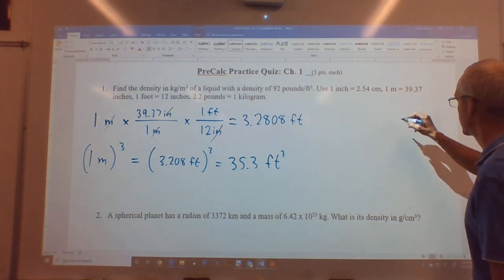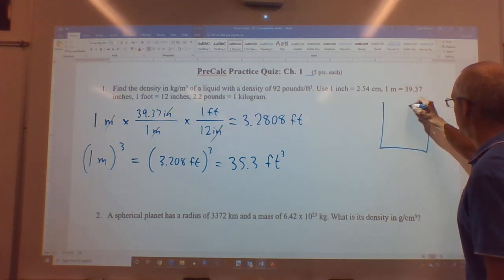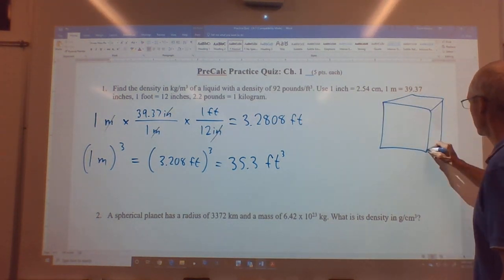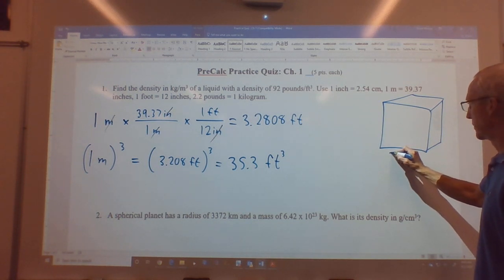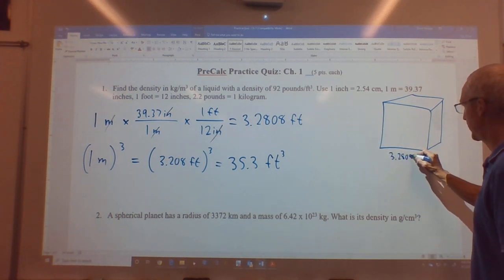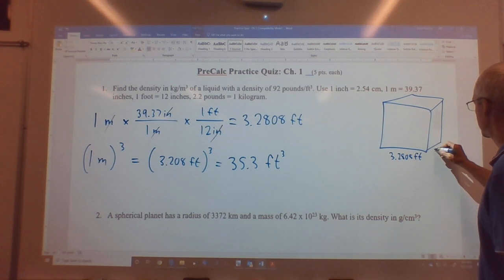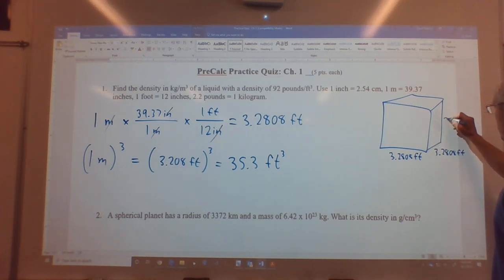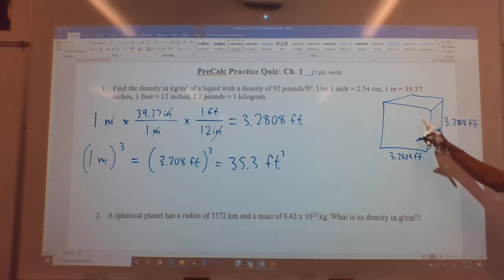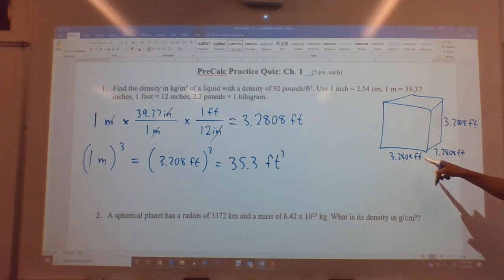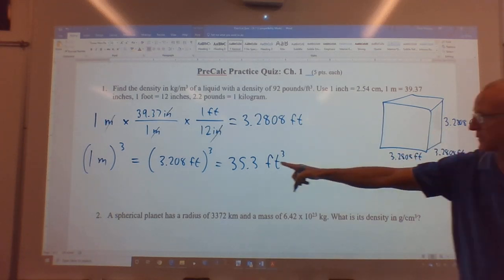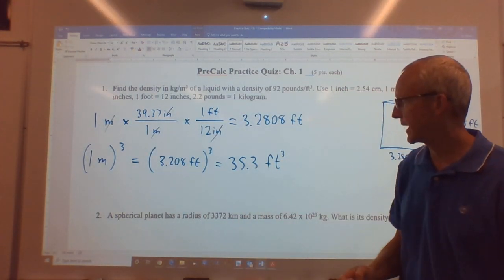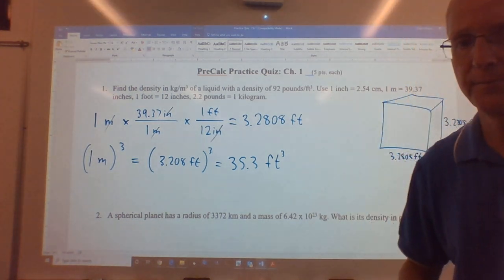And that's because 1 meter, a meter on a side, is 3.2808 feet on a side, right? If we want to find the volume of this in feet cubed, it's this times this times this, right? That's for the 3rd power, it ends up being 35.3 cubic feet.